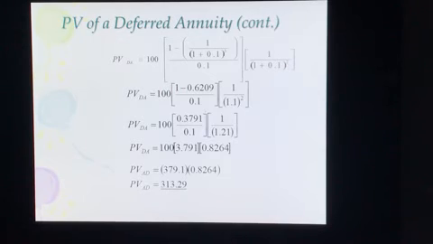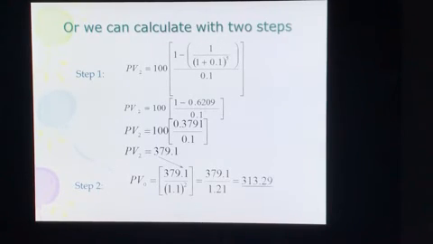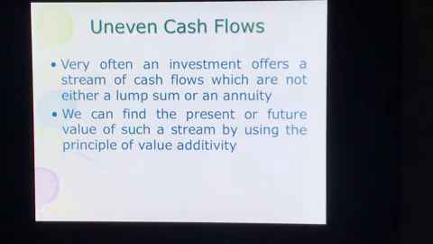This is how you calculate the present value of a deferred annuity. Instead of combining these formulas, we can also make separate calculations: first PV2, and then PV0.